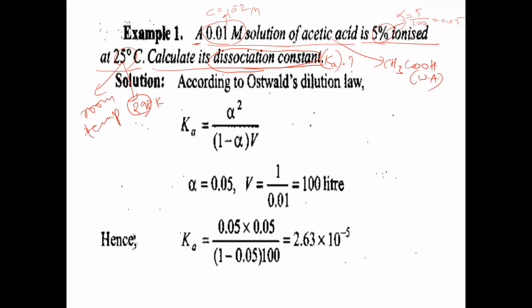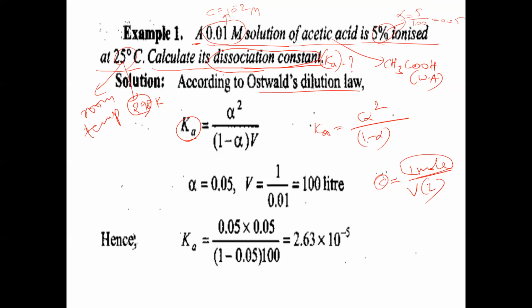Now, according to Ostwald's dilution law, Ka is given by C alpha square by 1 minus alpha. But here C is equal to 1 mole of electrolyte by V liters, that is, 1 mole of electrolyte dissolved in V liters of solution. Concentration is nothing but molarity, moles per liter, so 1 mole by volume in liters.